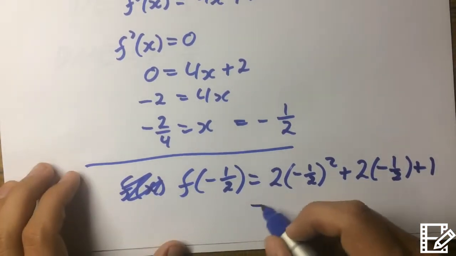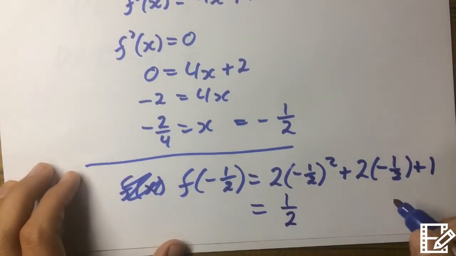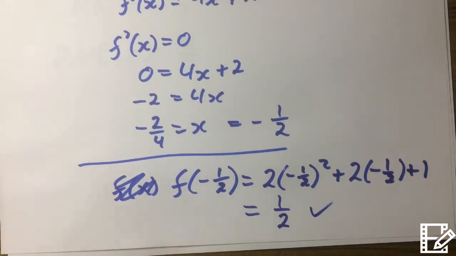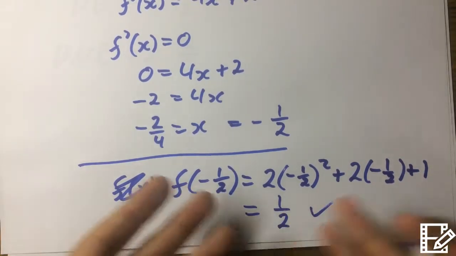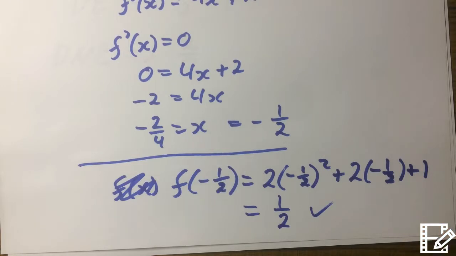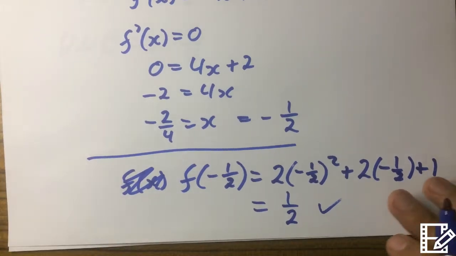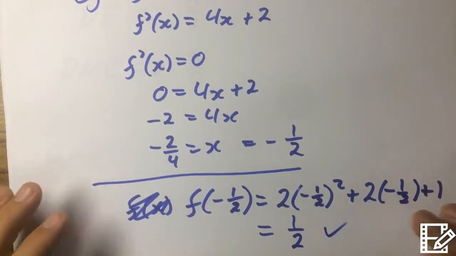And that all comes to 1/2, which is good. Basically, if you type it into your calculator and you come out with a number, it's defined, in my experience. If you type it in and it comes up mathematical error, then it's not defined, so it doesn't exist.